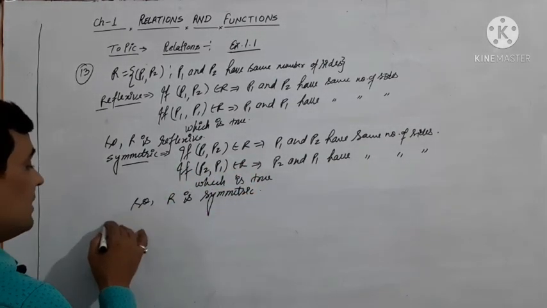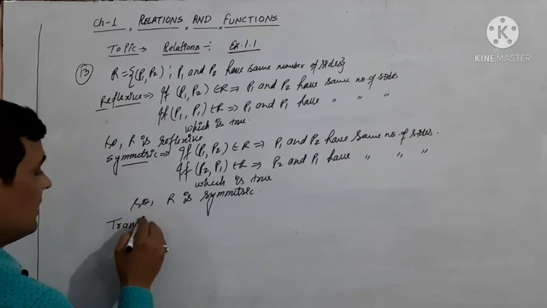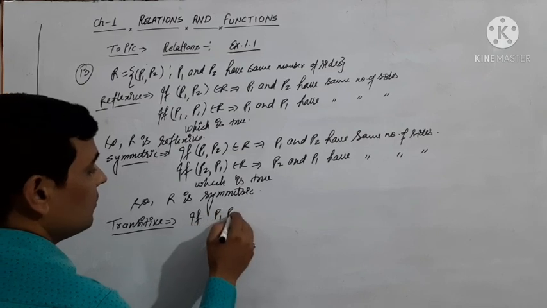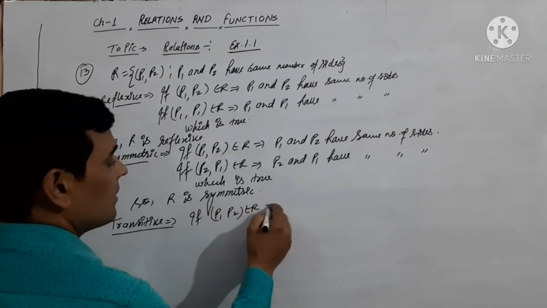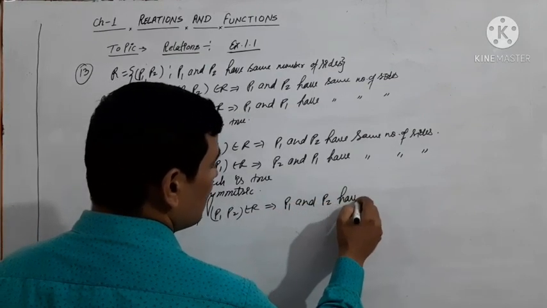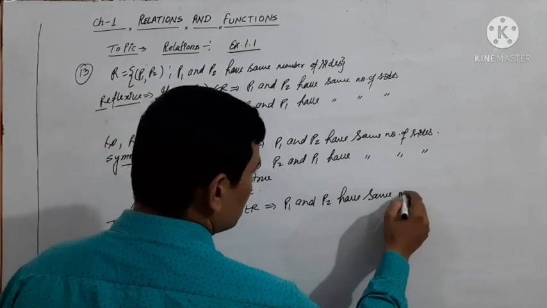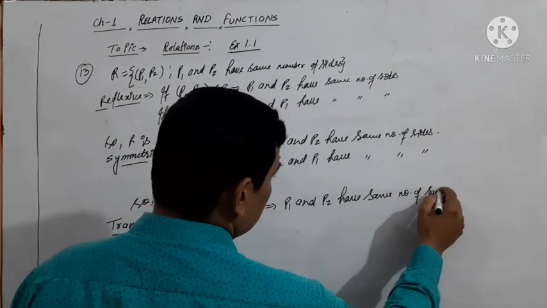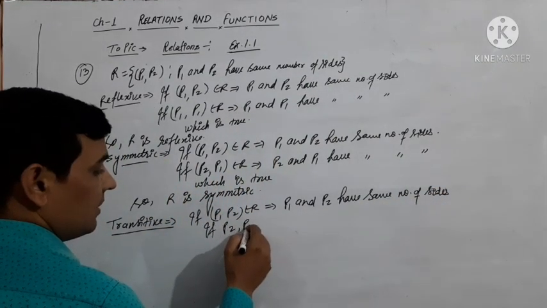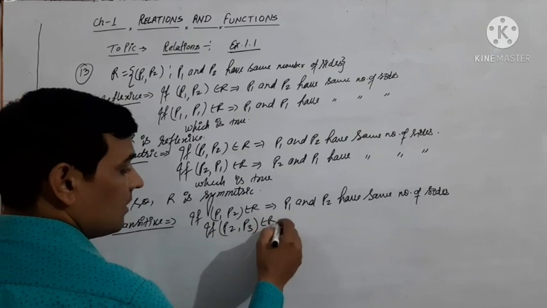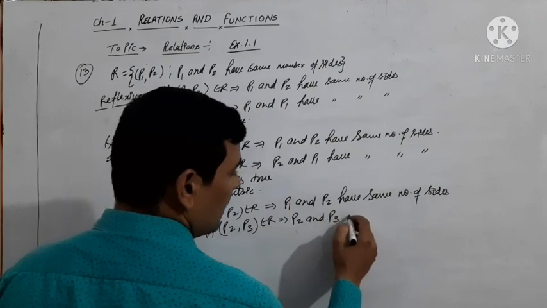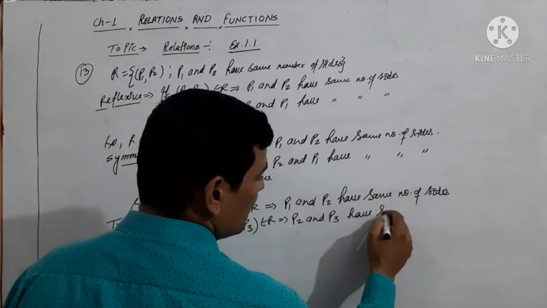So come to the transitivity. Transitive relation. If P1 comma P2 belongs to R, then P1 and P2 have the same number of sides. If P2 and P3 belongs to R, then P2 and P3 have the same number of sides.